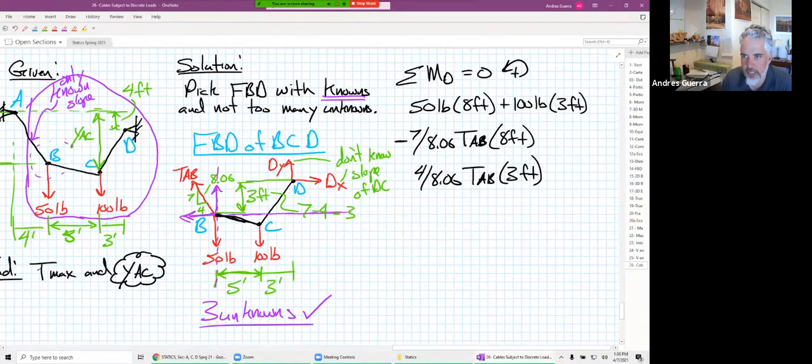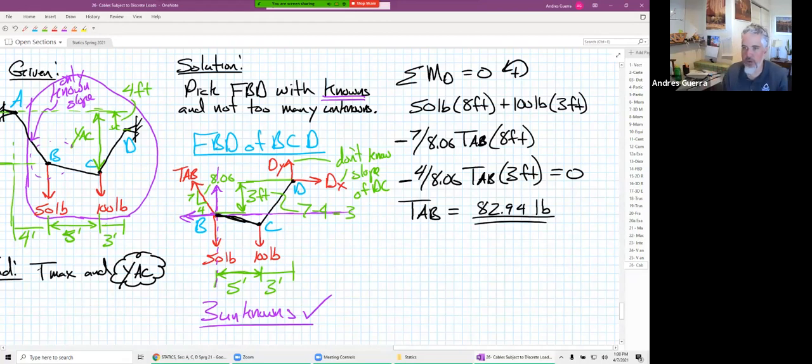That's also going to be negative as well, because that's going to cause a rotation going clockwise about point D. Set all this equal to 0. We can solve for TAB, and we're going to find that TAB is equal to 82.94 pounds. So then we just solve for our first tension in that segment, A to B right there.